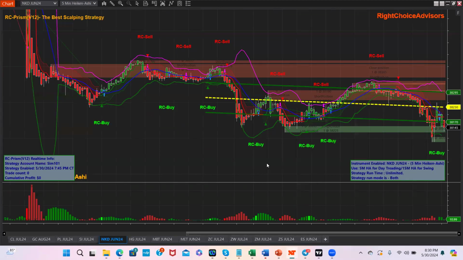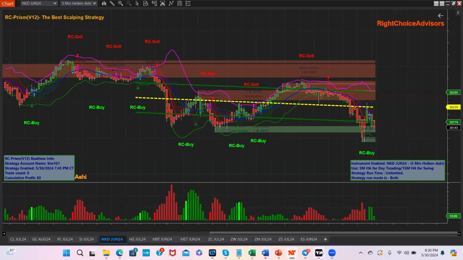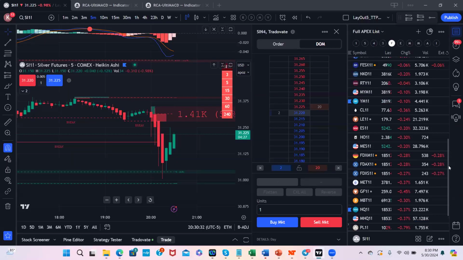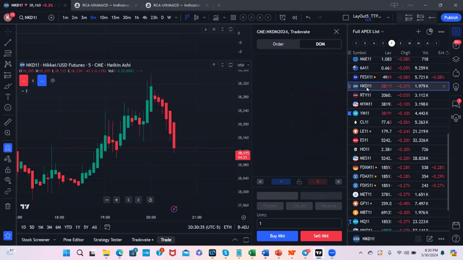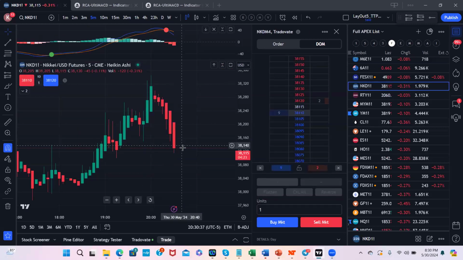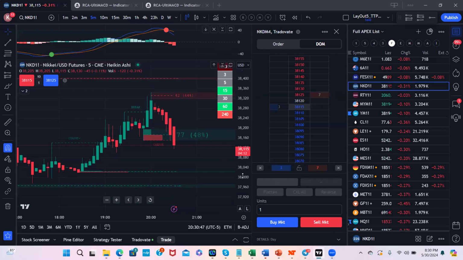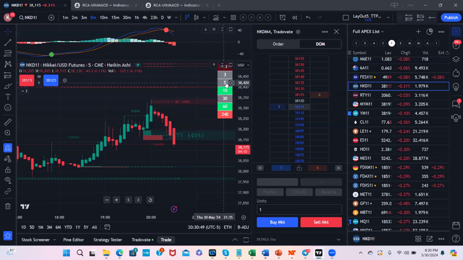Let's look at NKD. NKD is also looking okay. It is looking a little choppy, right? 3 minutes, 5 minutes is choppy. 15 is bullish, 60 is bullish. So better to avoid, right?